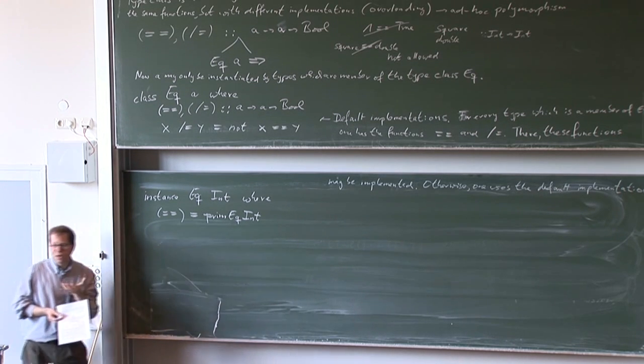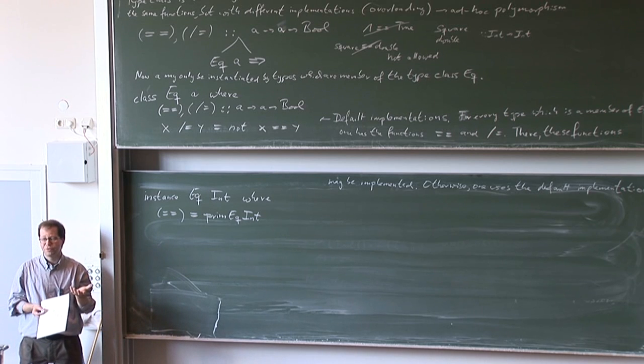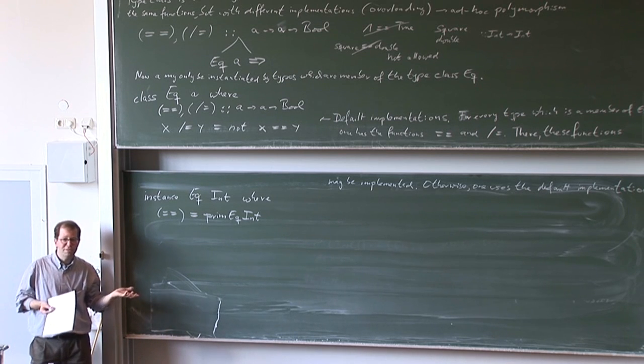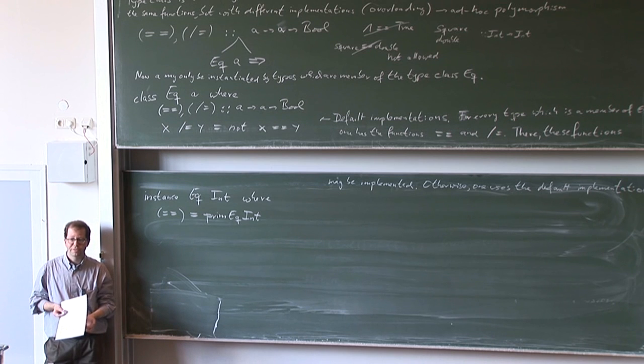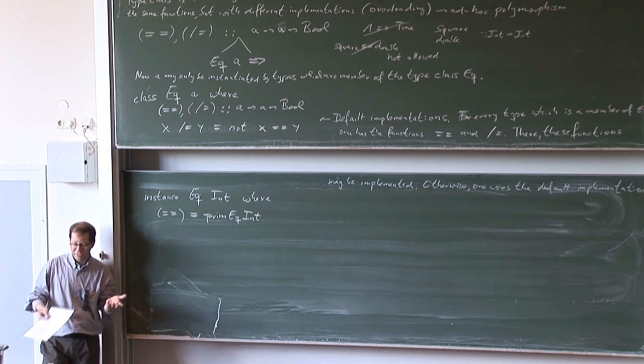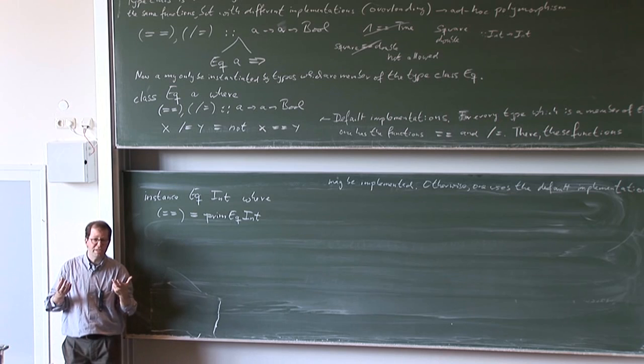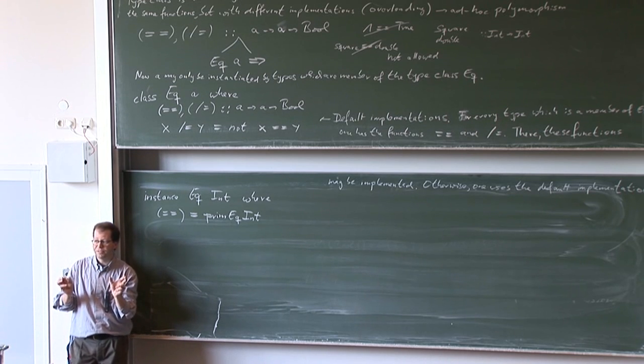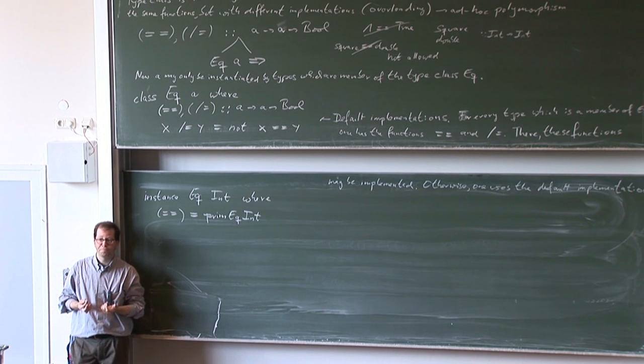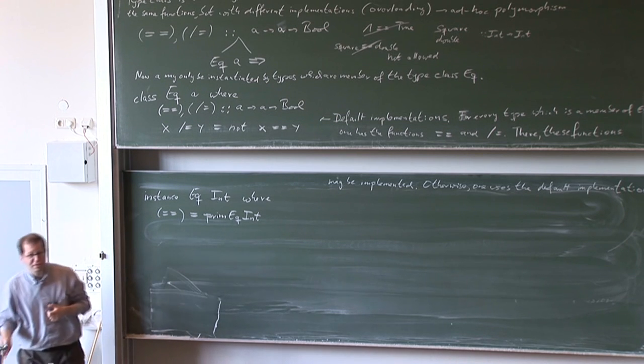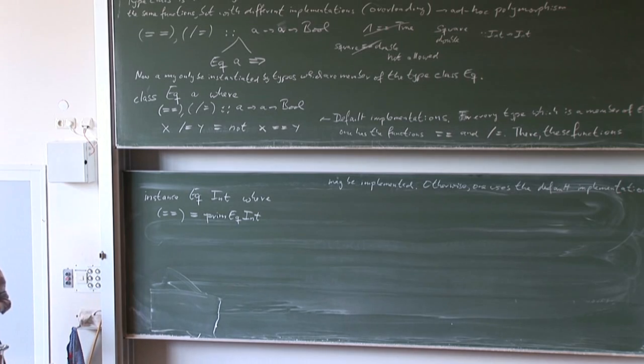Now, obviously, not all lists can be compared for equality. Think of lists which contain functions. If we have lists which contain functions, then in order to find out whether two lists are equal, you would have to compare the elements. But if the elements are functions, functions are hard to compare for equality. So we don't want that all lists can be compared for equality.